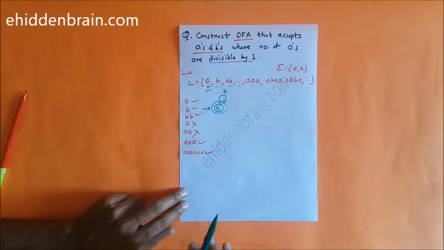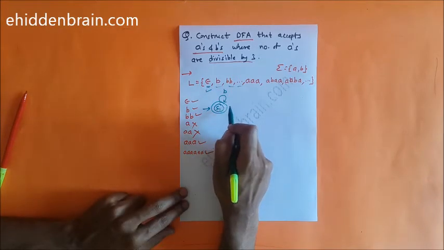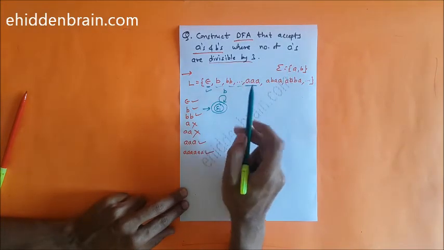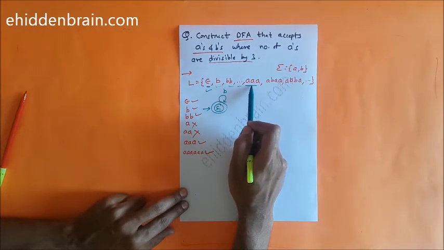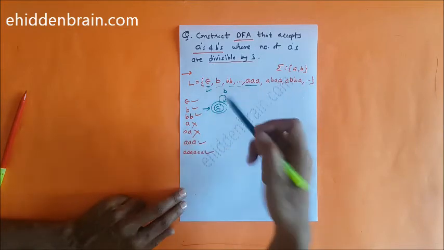We are not worried about how many B's there are, rather we are worried about how many A's we really want, right? Now the next thing is to accept these A's. This is a loop, because 3 A's, then 6 A's, then 9 A's.